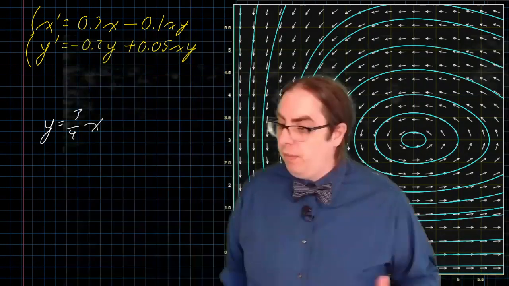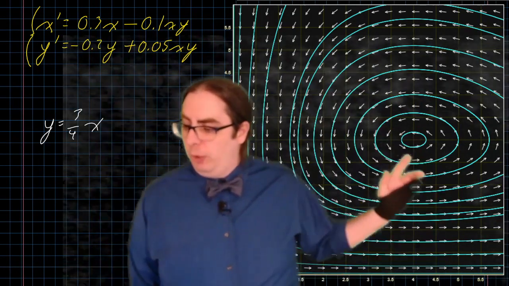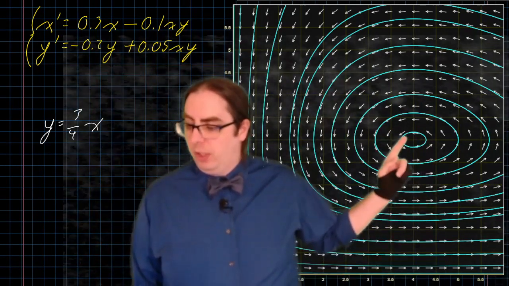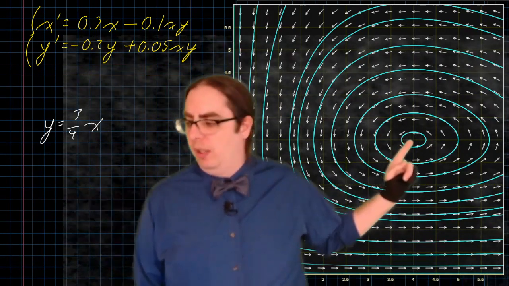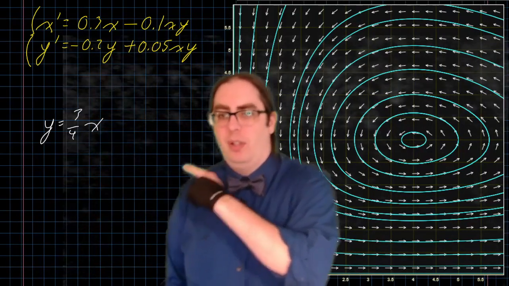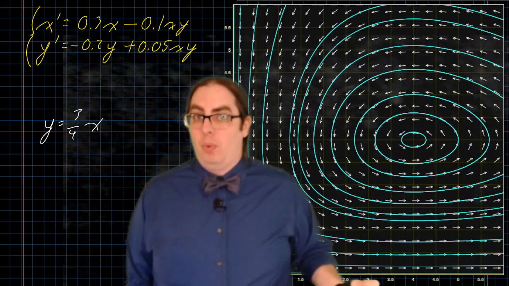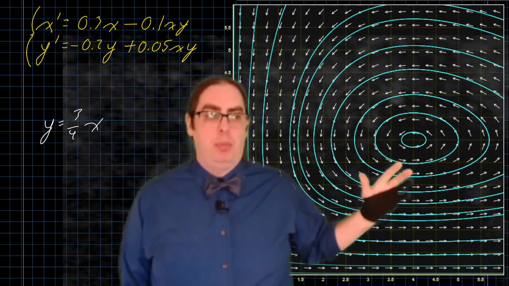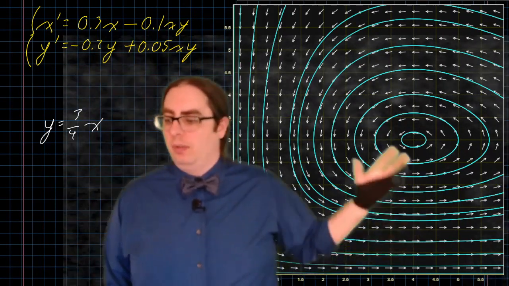And specifically what we see here is that there is a center right here at x equals 4, y equals 3, which is not the only point on that line, but definitely a point on that line. At that point and at things around that point, we are seeing these cyclic patterns.